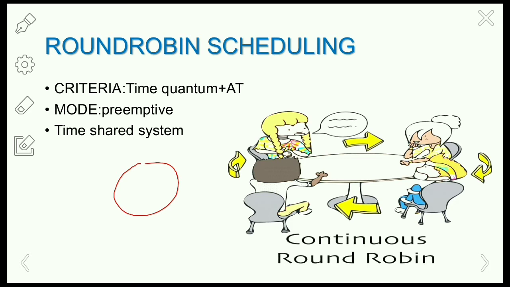Let us consider a small example. Here 4 persons are sitting at a circular table. We have told you that the round robin scheduling algorithm works in a circular format, and the ready queue will be a circular queue.